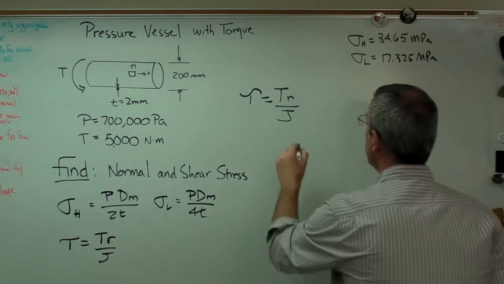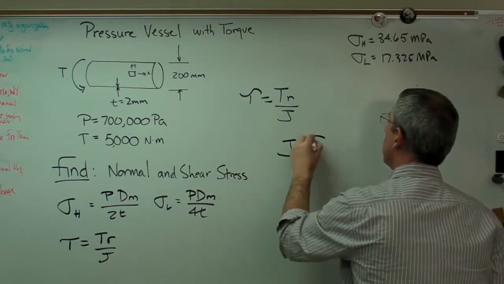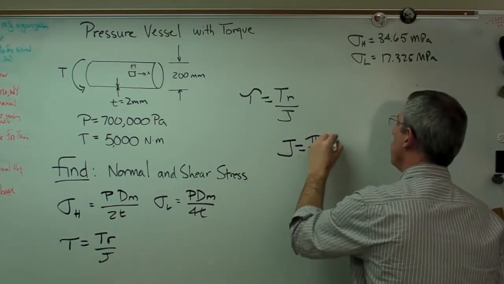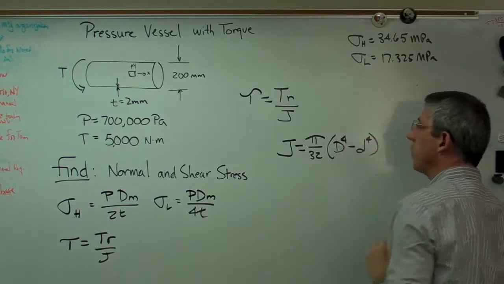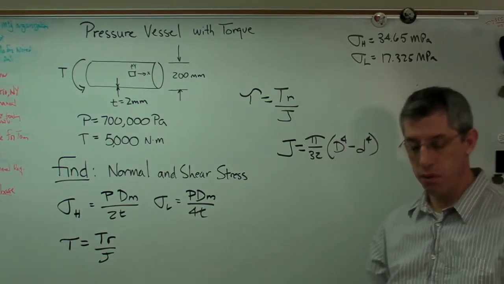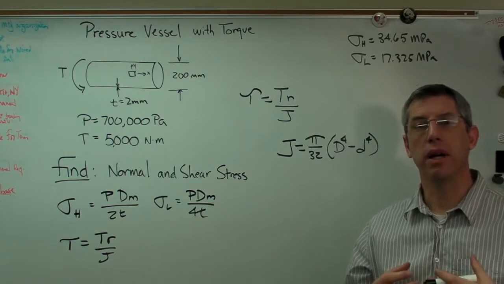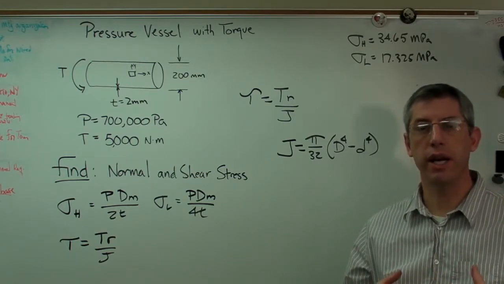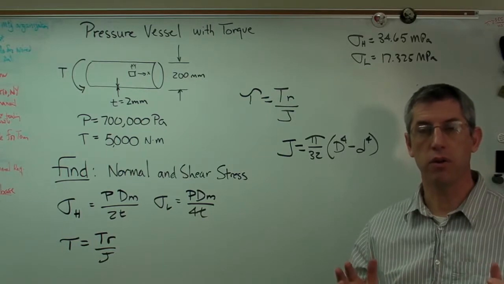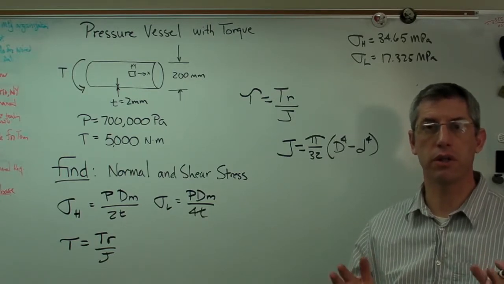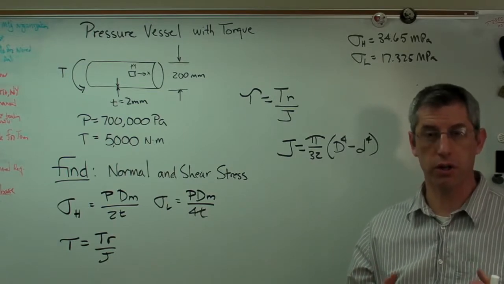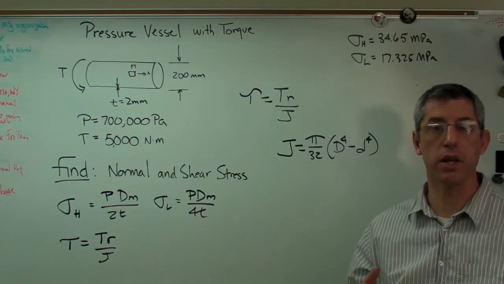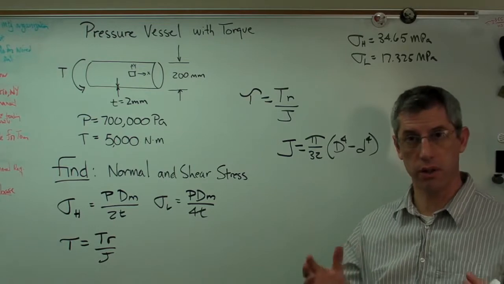Last thing we need to know is J. That's pi over 32 outer diameter to the 4th minus inner diameter to the 4th. J, if you want to think about it this way, is a stiffness. J describes the resistance to twisting, resistance to torsional deformation due to the cross-sectional shape of your tube. So the bigger J is, the harder it is to twist this tube.